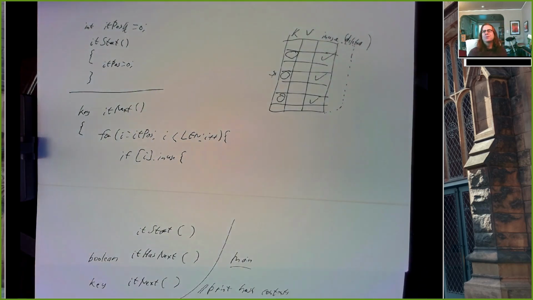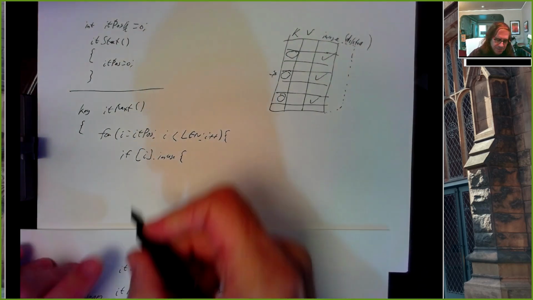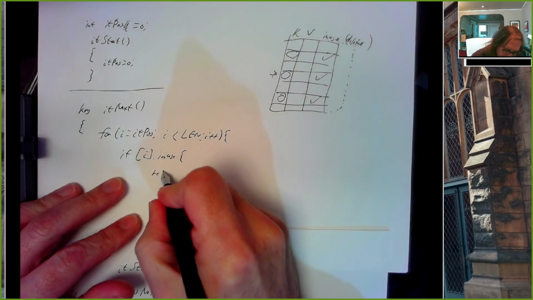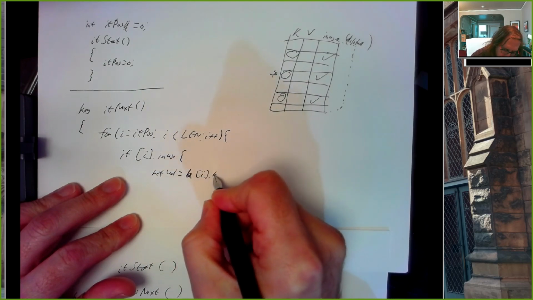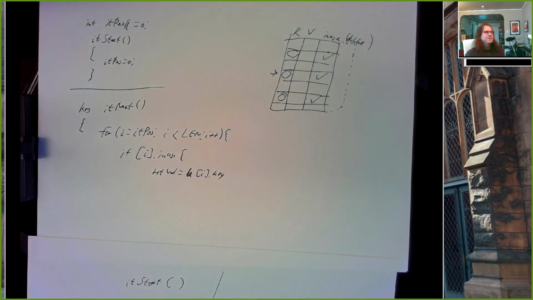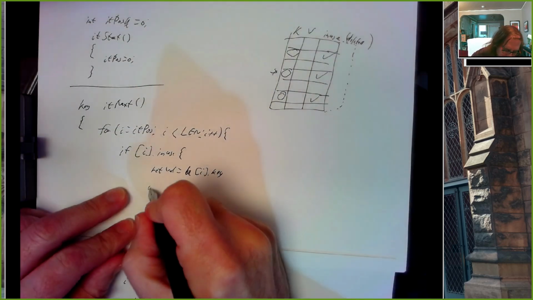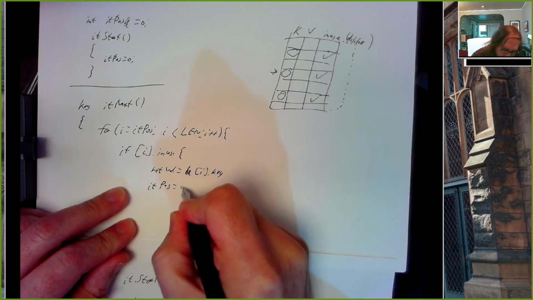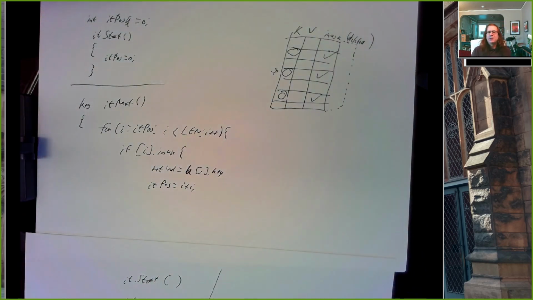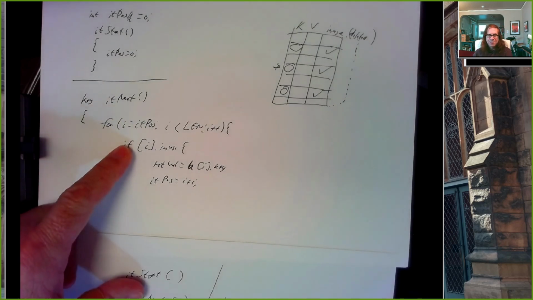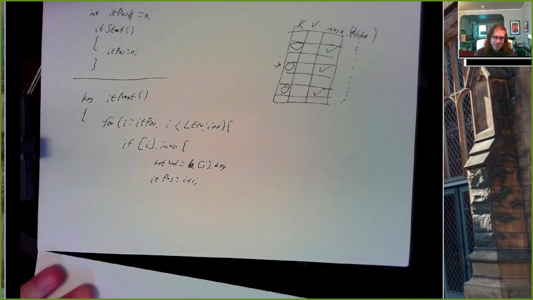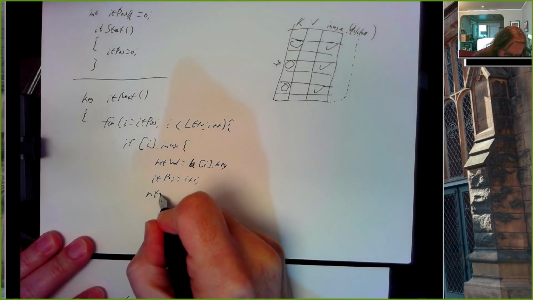If we find a spot where it's in use, just remember that key value so that we can return it. Update our iterator position to be the next spot in the hash so that the next time we ask for the next key, it will begin after the value that we're returning right now, and then return the key.